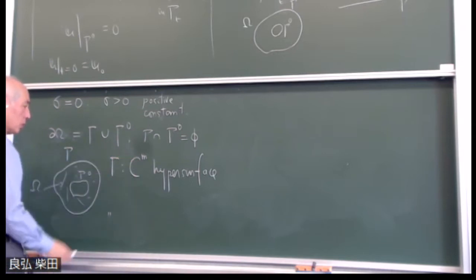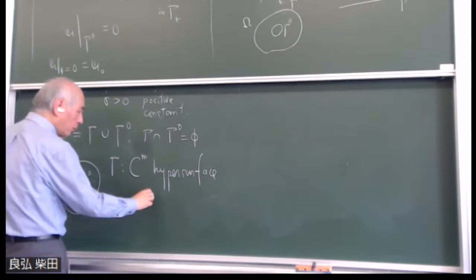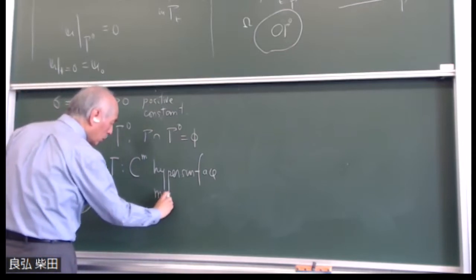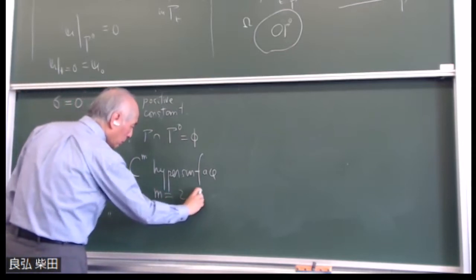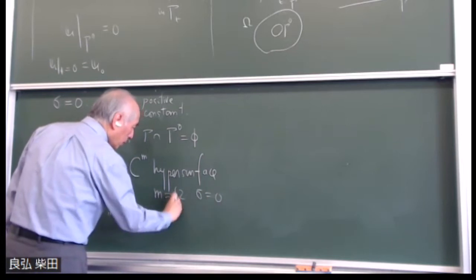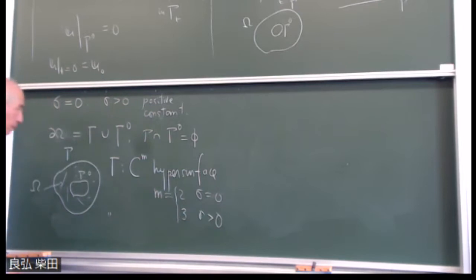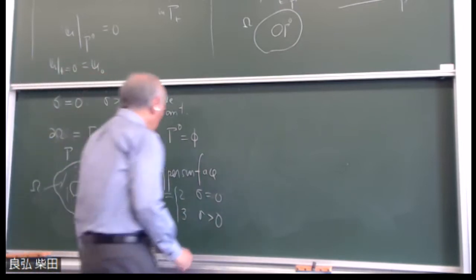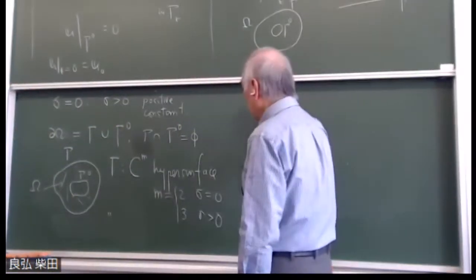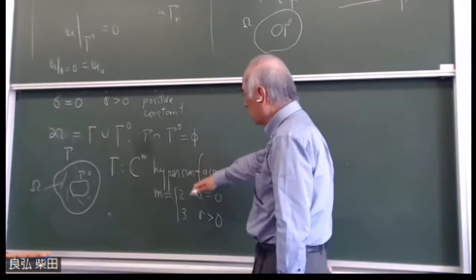Now I just announce to you that gamma is a C^m hypersurface, m is 2, sigma equals 0 and 3. I'm sorry that this is a very technical thing.